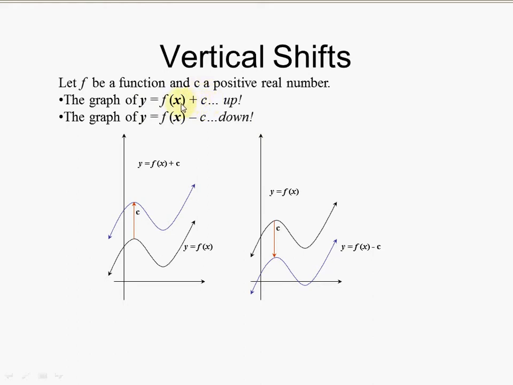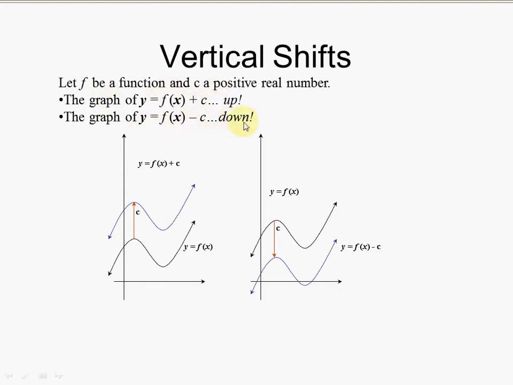So if your function is x squared, x cubed, natural log of x, log of x, if you have e to the x power, these are parent functions. But if you have like a 5 lingering on the outside, so like x squared plus 5, or e to the x plus 5, where 5 is by itself, then it would shift your graph upwards 5 units, or in this case c units.